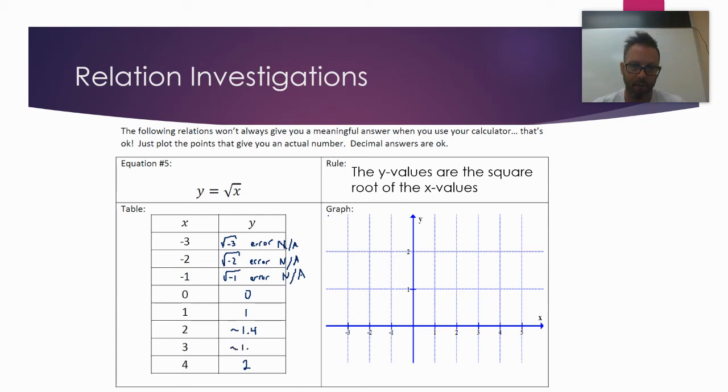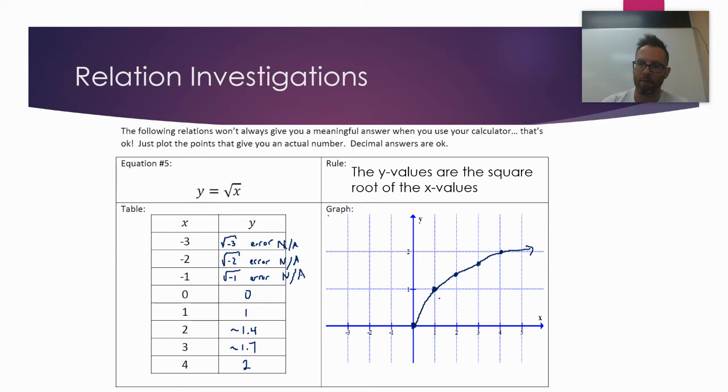Not exactly, but for the purpose of seeing what the graph looks like, those will be good enough. So the 5 points we can sketch are (0, 0), (1, 1), (2, about 1.4), (3, about 1.7), and (4, 2). And what we get is a graph that looks something like that.